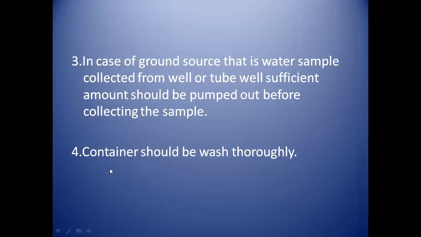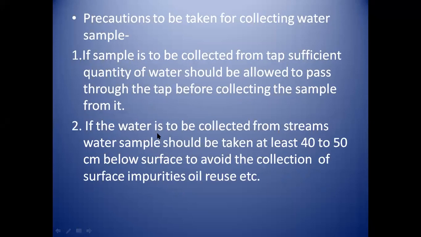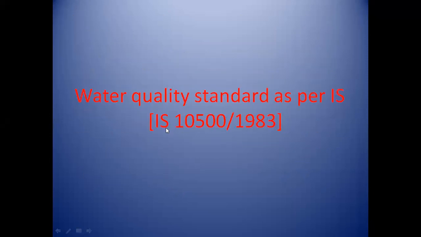The next precaution is that the container should be washed thoroughly, meaning the vessel used for collecting the sample is cleaned properly. These are the precautions taken for collecting a water sample.